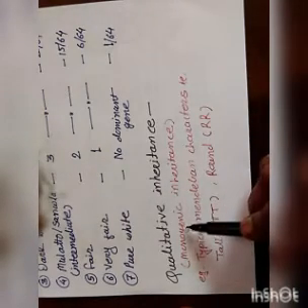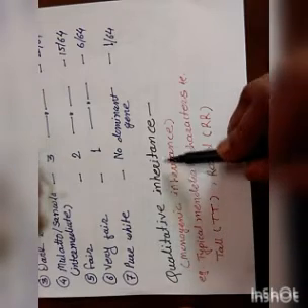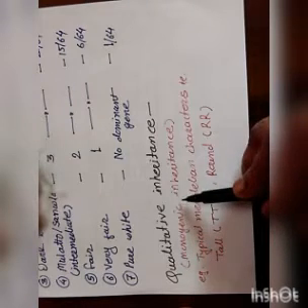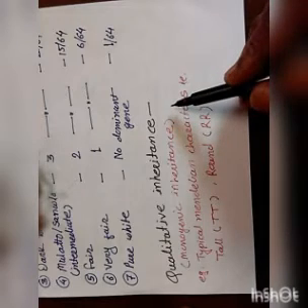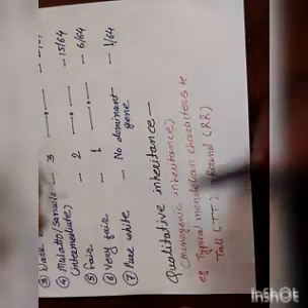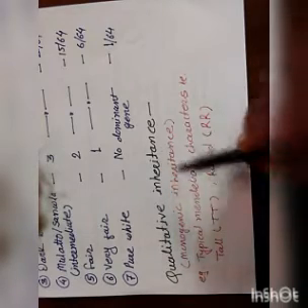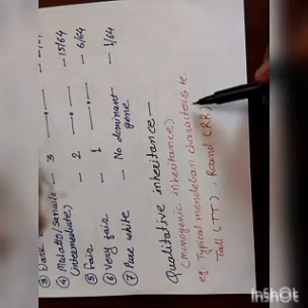Mono means single, genic means gene. In this qualitative inheritance, a single gene, only one gene, is responsible for the expression of that particular trait or character. The examples of qualitative inheritance are the typical Mendelian characters.